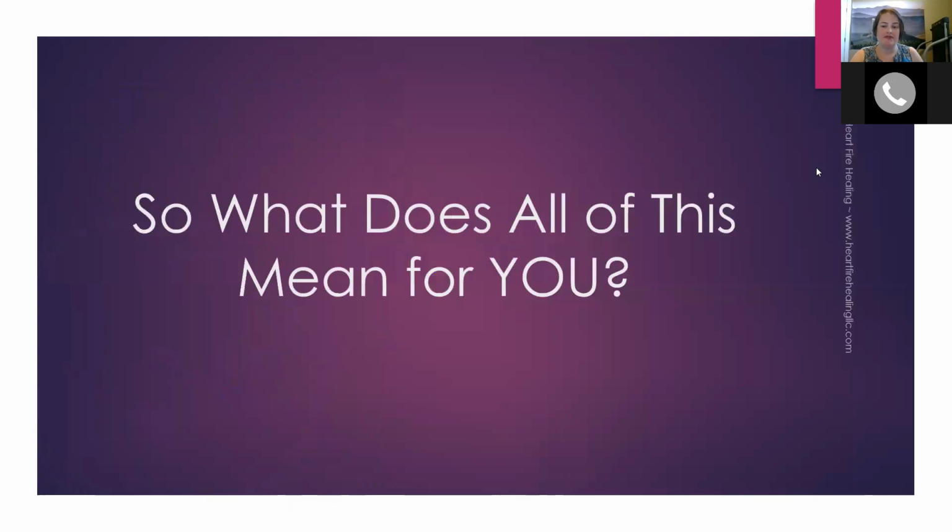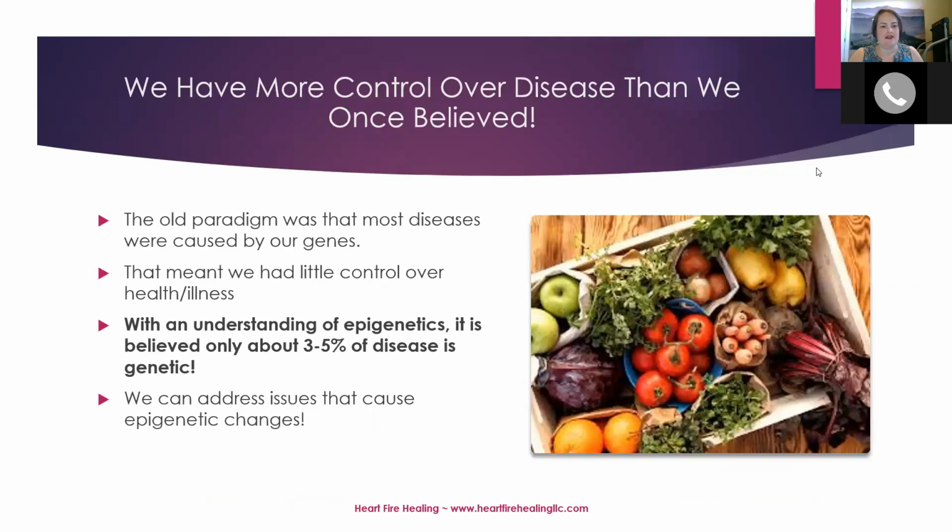So what does this mean for you? You've just heard a bunch of different sciencey things, and now maybe you're saying, well, what does that mean? Why do I need to know this? So the good news is that we have more control over disease than we once believed. There was that old paradigm that most diseases were caused by our genes, and our genes were our destiny, hence the name of this webinar.